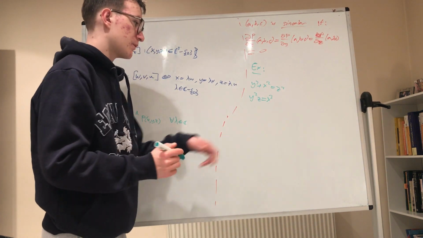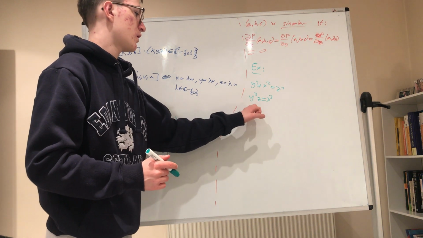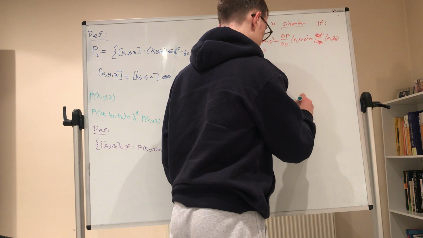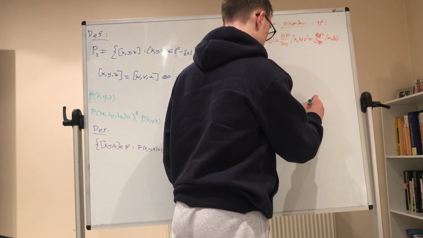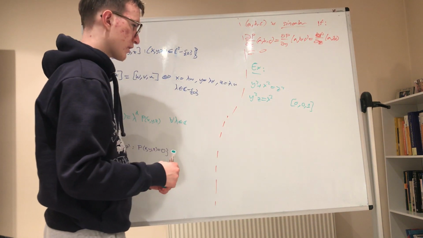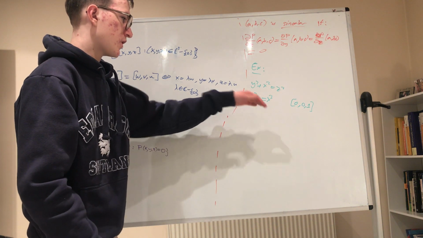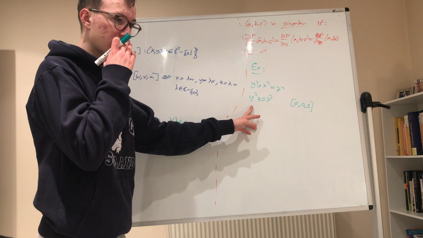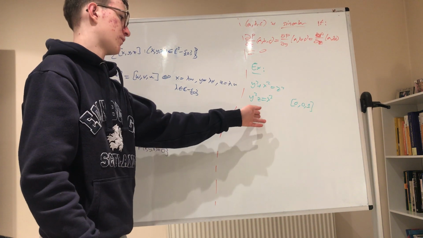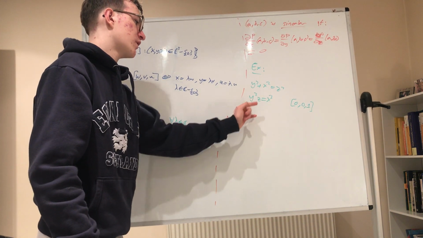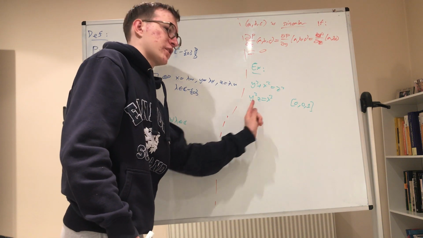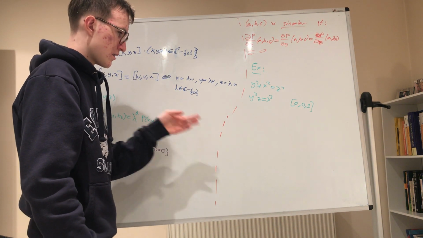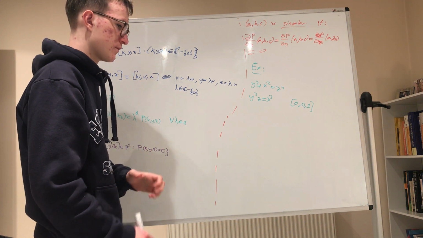That is singular because at the point 0, 0, 1, if we take the partial derivative with respect to y, we get 0. Take the partial derivative with respect to x, we get 0. Take the partial derivative with respect to z, and again we'll get 0.